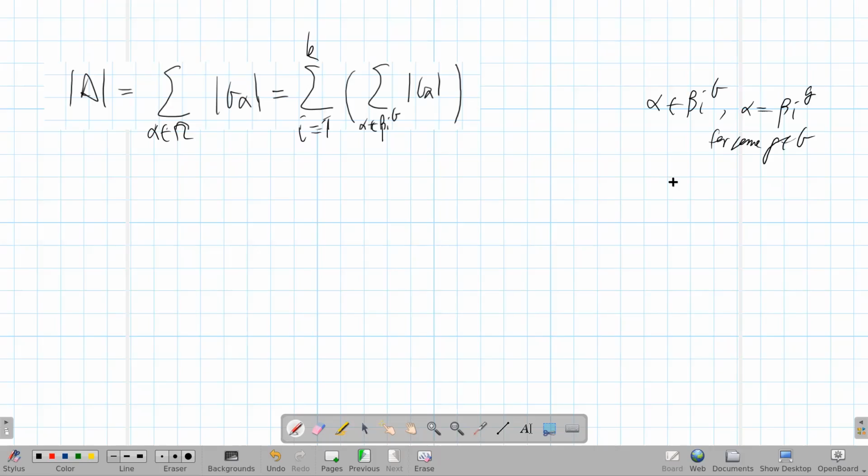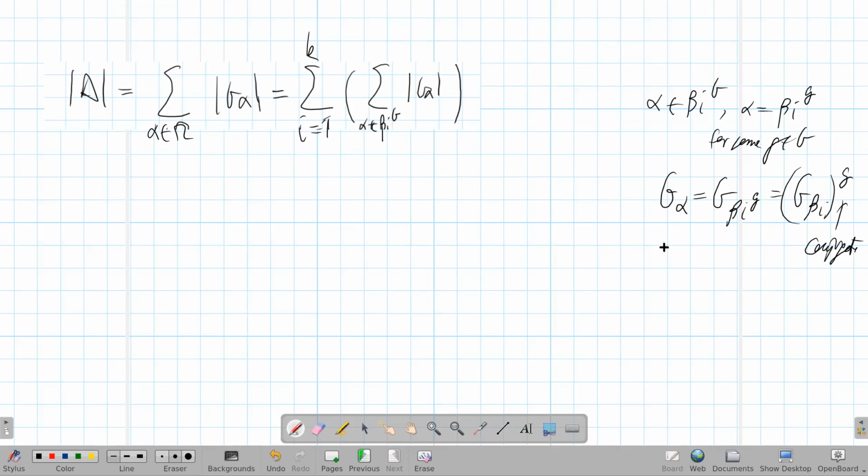And then we know from group theory that G alpha, then, is G beta i to the g, which is nothing else than the conjugate.